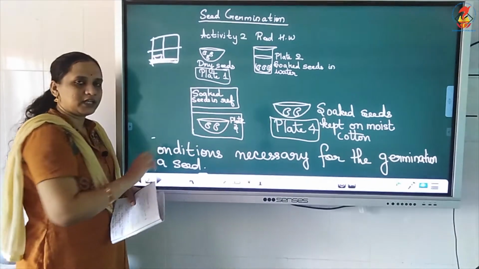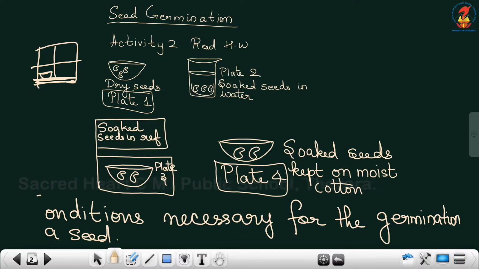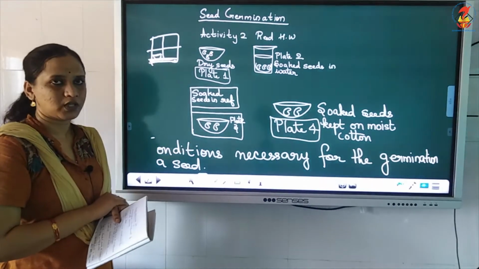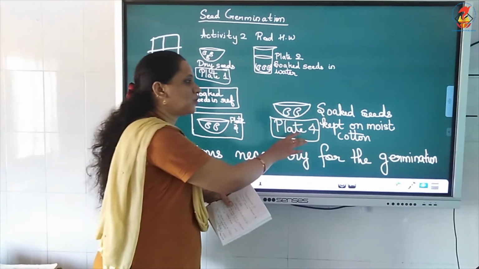The third plate, you take the soaked seeds. Soaked means you have placed it in water and drained the water away. And the remaining seeds you have kept in the refrigerator. So what is the condition here? It is cool. Now, you take the fourth plate.